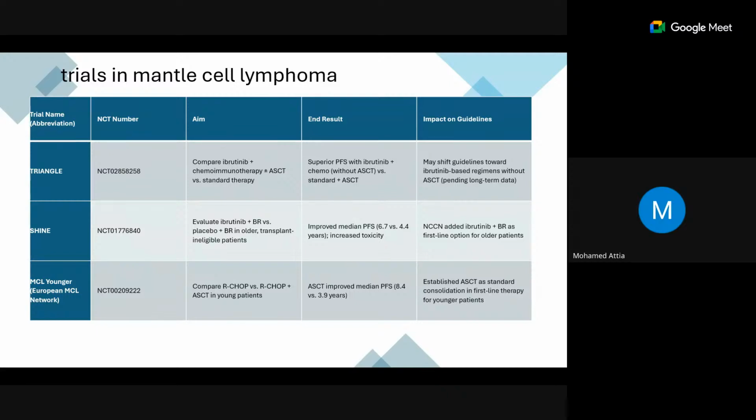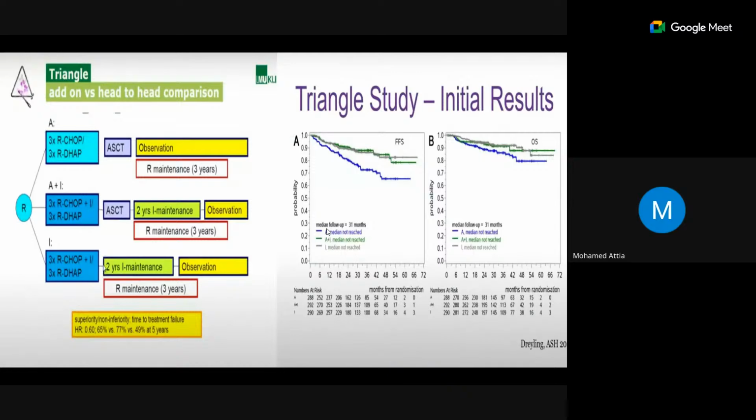In those, we answer many questions: if the transplant is good, if the use of ibrutinib is good, or BR alone, autologous stem transplantation or not. We will take one or two of these trials rapidly.